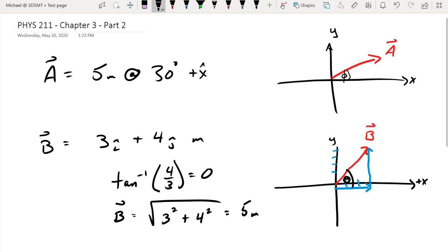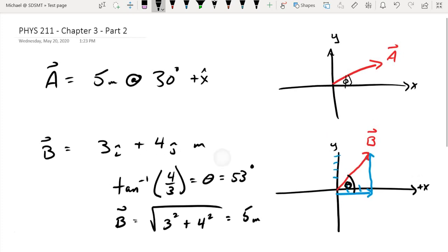Inverse tangent of 4/3 is, oops, sorry, that should have been theta, not 0. 53 degrees. So quite a different angle between the two, even though they had the same magnitudes.